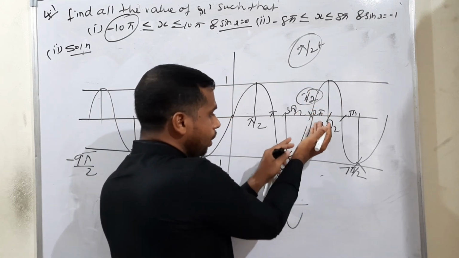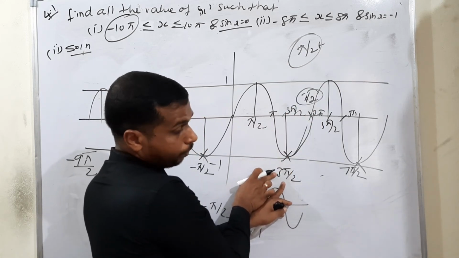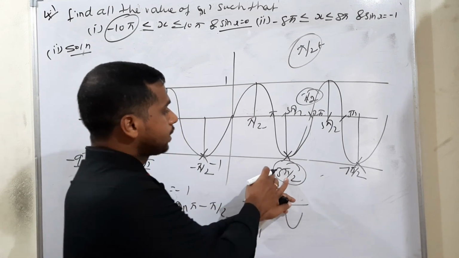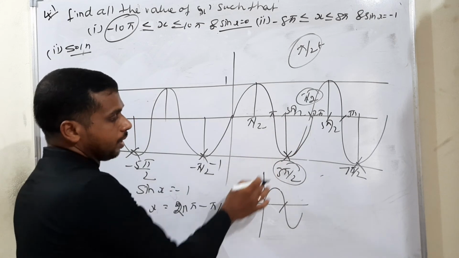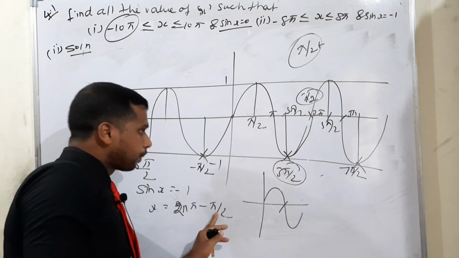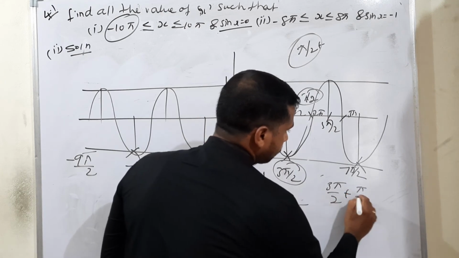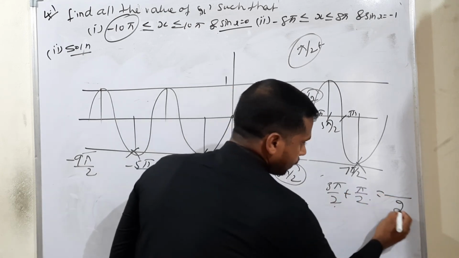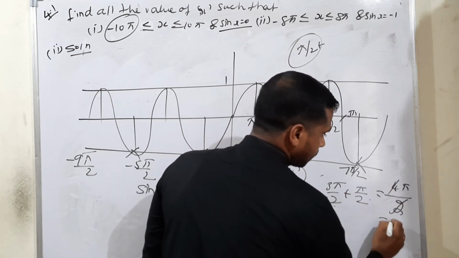So we need sin x is equal to minus 1, which means before the ending of the point, it will be meeting at the point 3 pi by 2. What is the difference? From 3 pi by 2 to 2 pi, the negative pi by 2 will be the difference, because 3 pi by 2 plus pi by 2 only we will get it. Example: 3 pi by 2 plus pi by 2, common denominator 2, 3 pi plus pi means 4 pi, so 4 pi and 2 cancel means 2 pi.